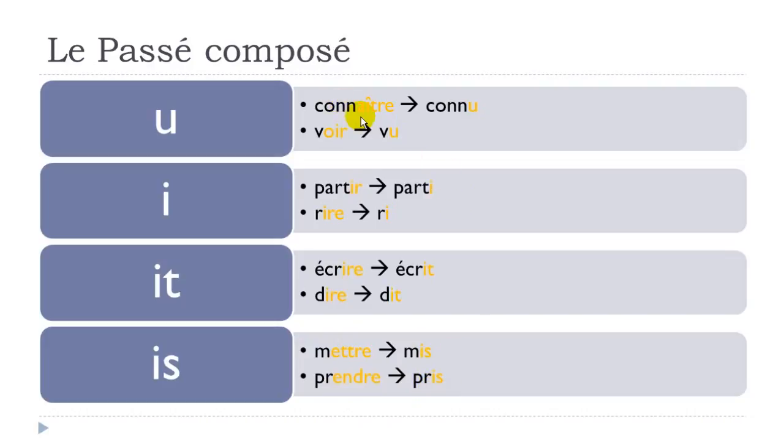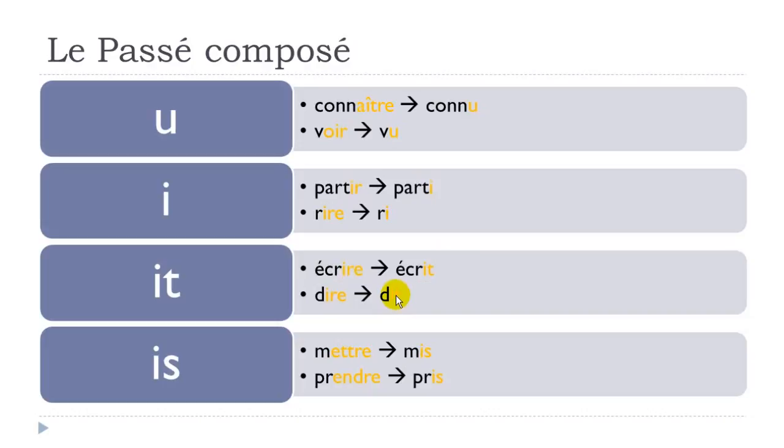So let's see that again. When you get this être, it will go like u, connaître, connu. Then when you have this oir, it will give you u, voir, vu, okay? Ir, I, partir, parti. IRE will give you I, rire, ri, okay? IRE here, IT, but phonetically it's I as well because you don't pronounce the final T, okay? Écrire, écrit.